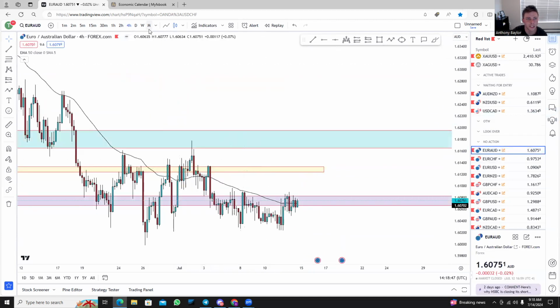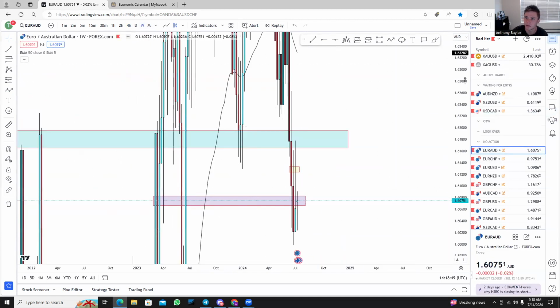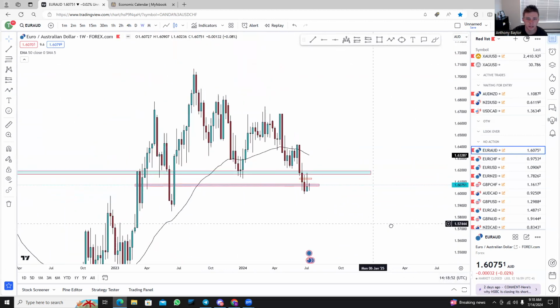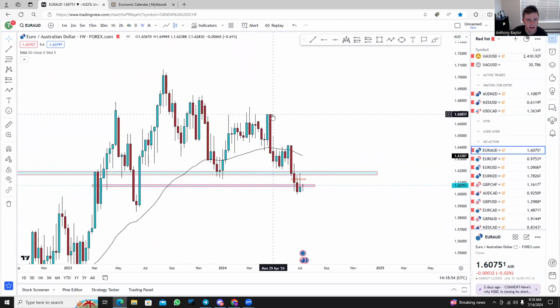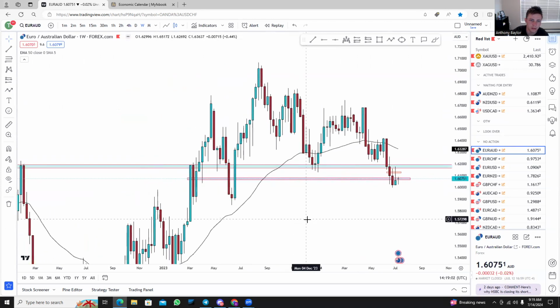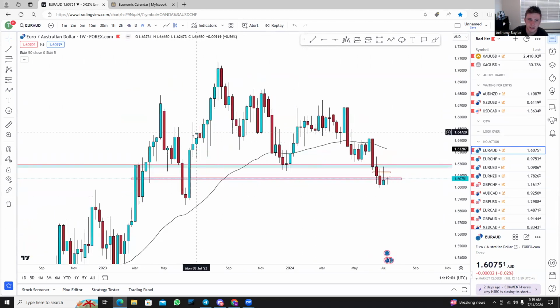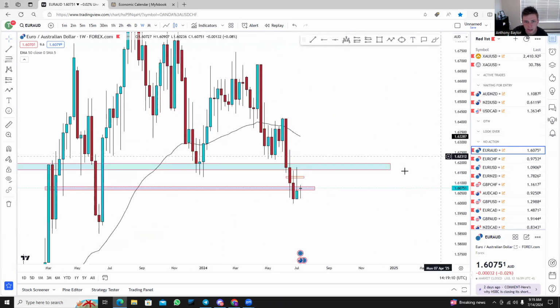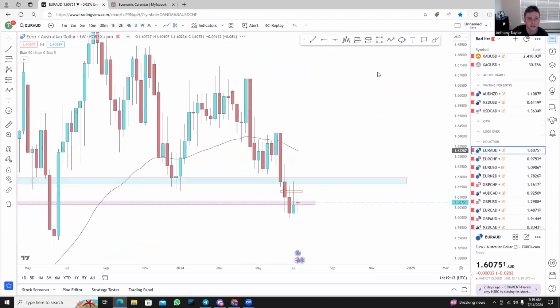Pretty simple, self-explanatory. Weekly, Euro AUD, bearish. Lower high, lower low. Well, actually, no. Yeah, higher high, higher low, shift in structure. So this is bearish. Weekly is bearish.